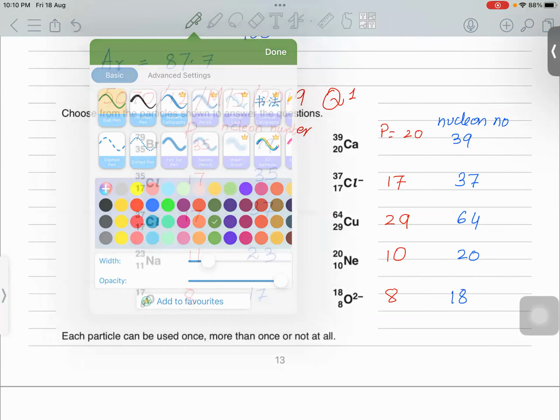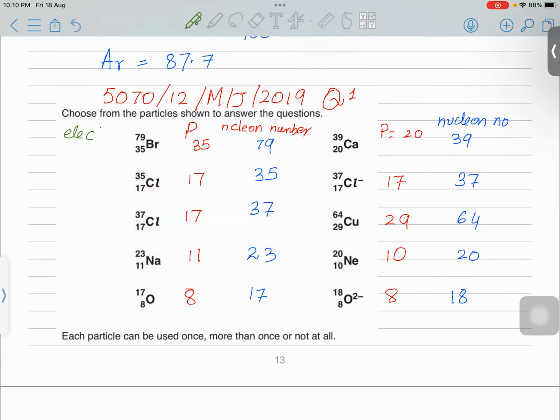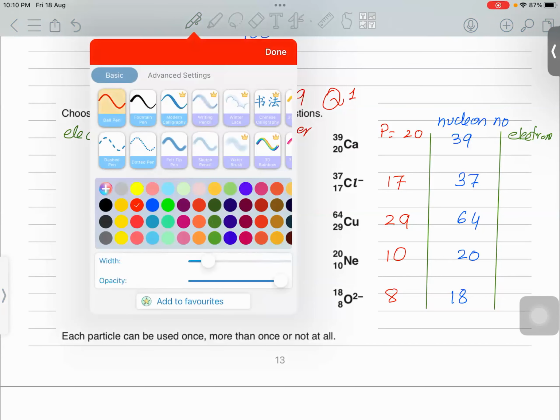Now find electrons, right? Tell me now the number of electrons.